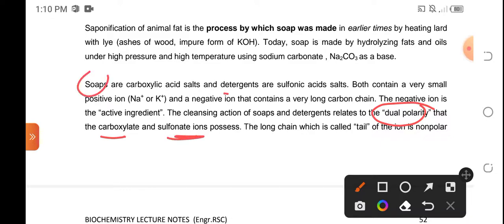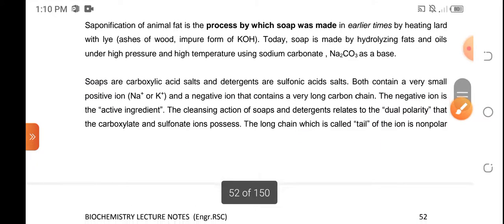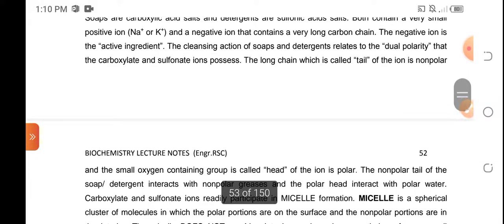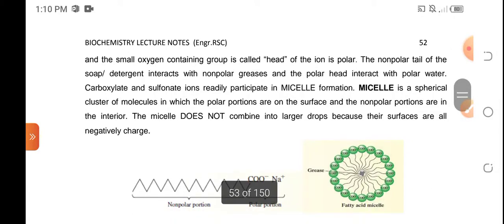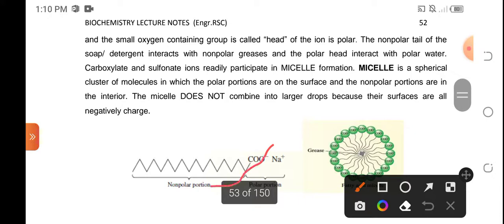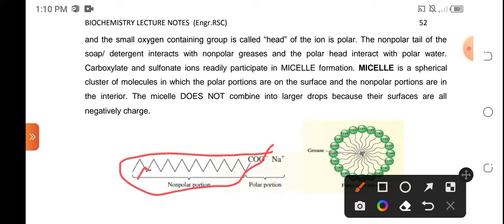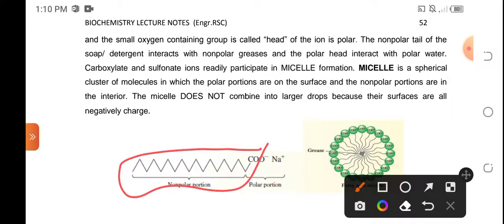Okay, so the long chain is called the tail, and it is nonpolar. Ito daw yung tail, kasi mahaba siya, mahabang carbon atoms. So that's the tail, and that's the nonpolar part. And of course, the head is the polar part. The small portion here for the metal is the polar part.